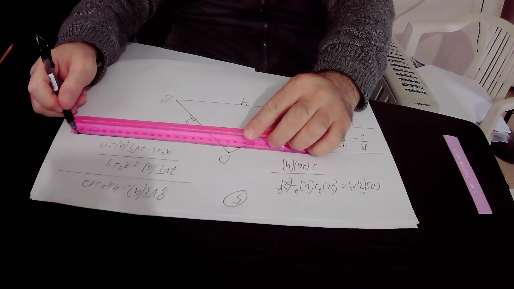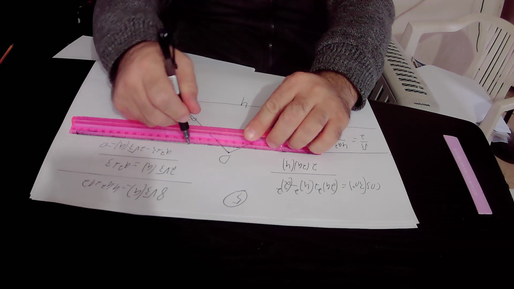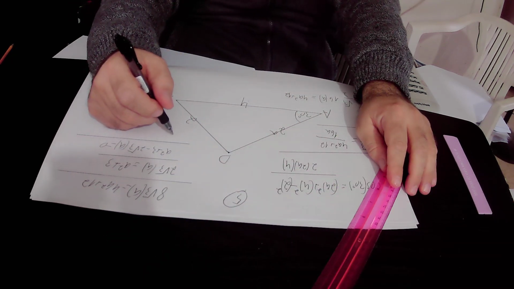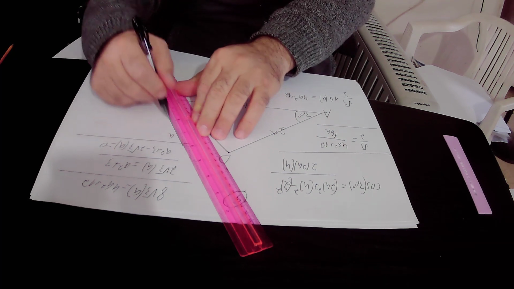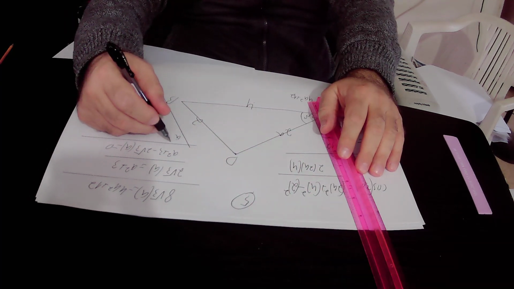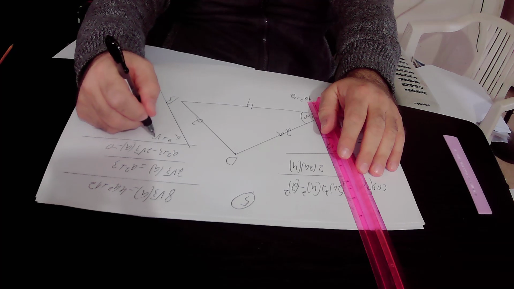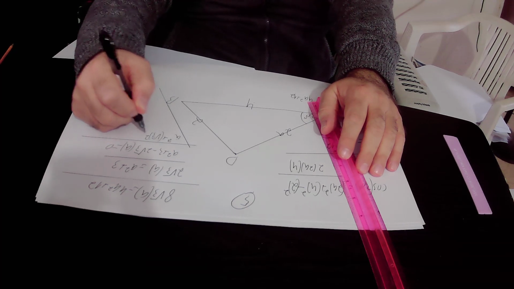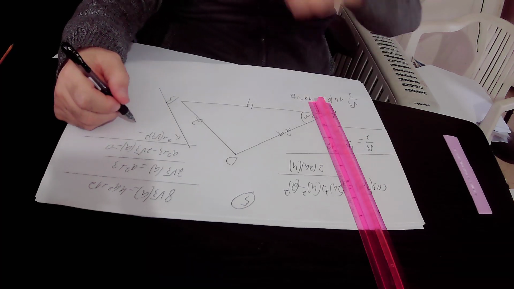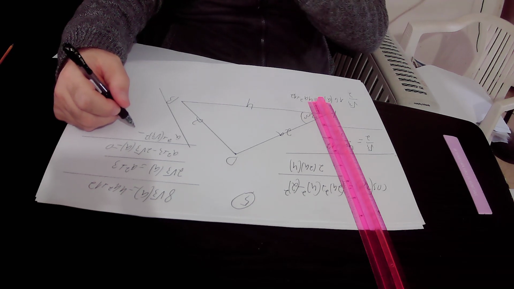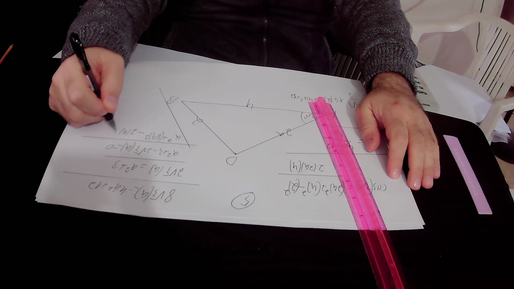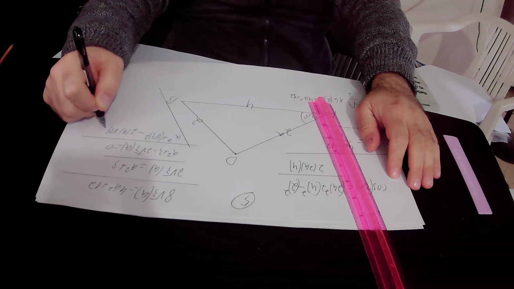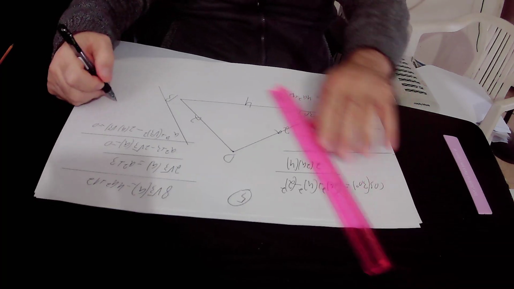We know that 3 is square root of 3 squared, so we will substitute 3 by square root of 3 squared, and we will get A squared plus square root of 3 squared minus 2 times A times square root of 3 equals 0.